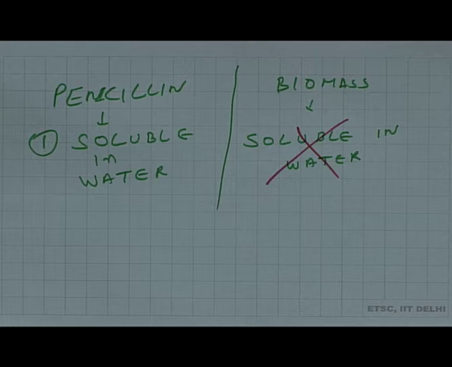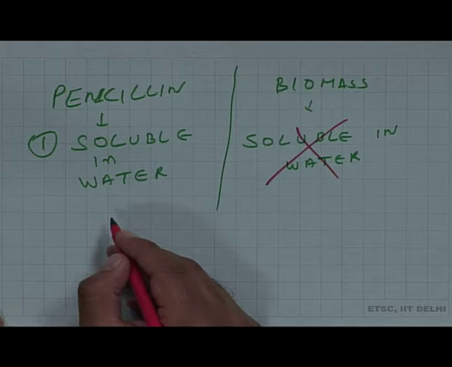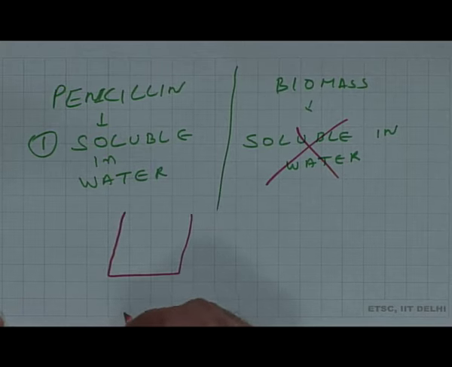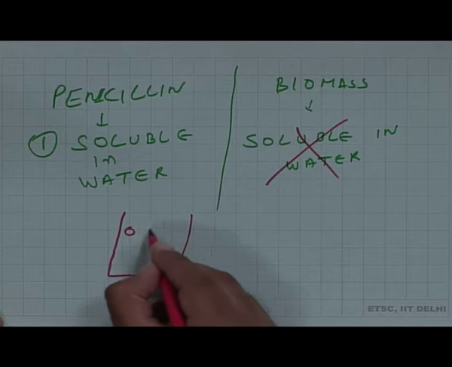Okay. So, if it is insoluble in water, what techniques can we use? Can we exploit this difference in property of penicillin and biomass, where penicillin is soluble in water while biomass is not? What can we use to separate them? There are many ways actually. One is, of course, let us say the reds are penicillin.